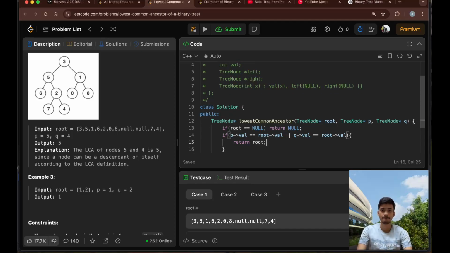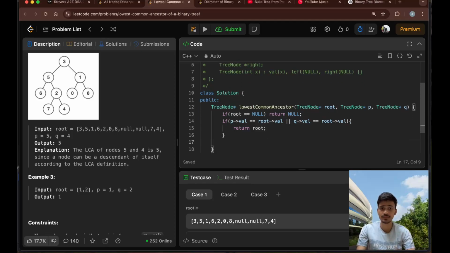Those are the two base cases we have just learned. You have to understand the pattern.